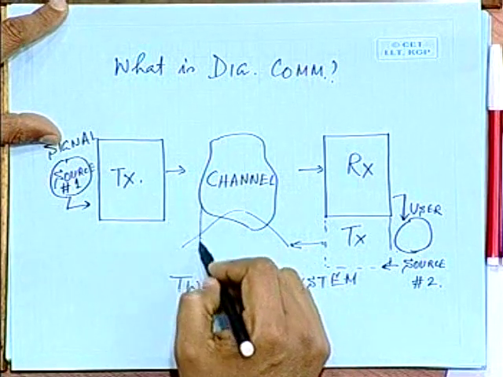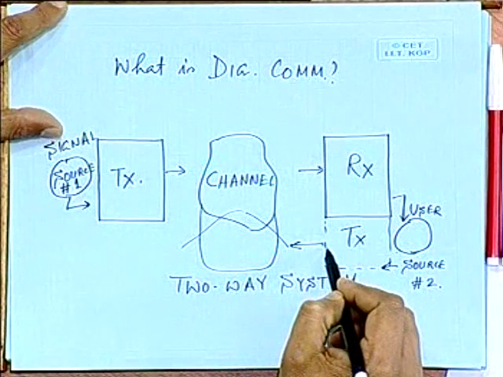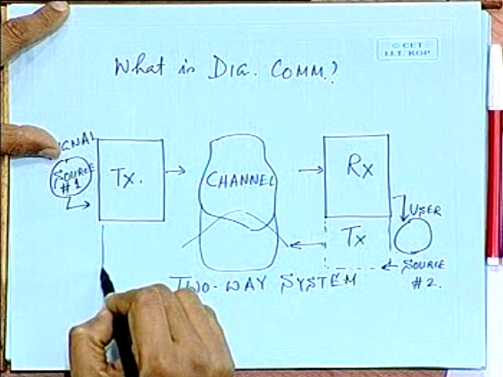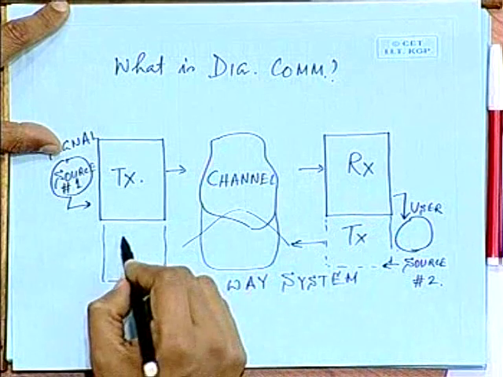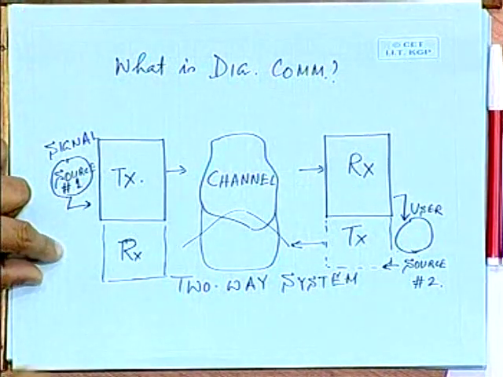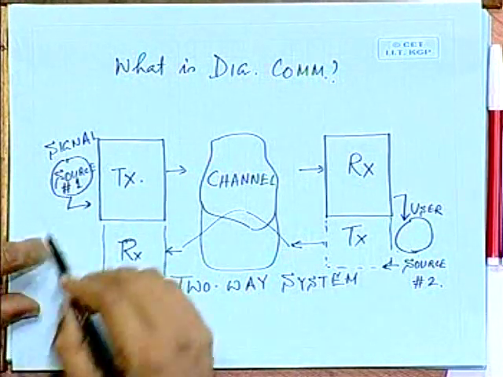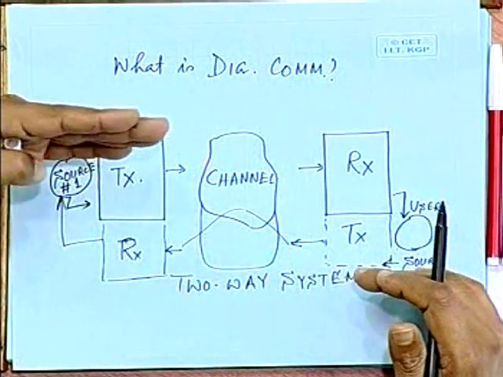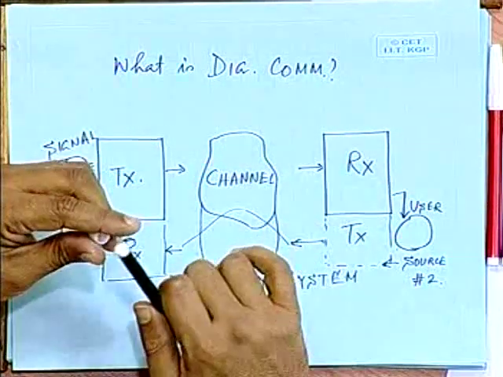Usually they are the same. So for the time being, let me say it's the same channel available for transmission back from user 2 towards user 1, and then it's natural that user 1 will have a similar block, which I can call the receiver block for user number 1, so that user 1 receives the signal from the channel and makes use of it. So by a pair of transmitters and receivers, we can think of establishing this two-way system.